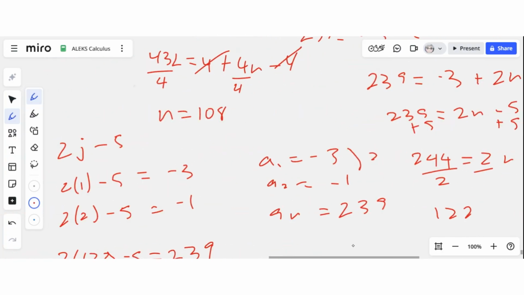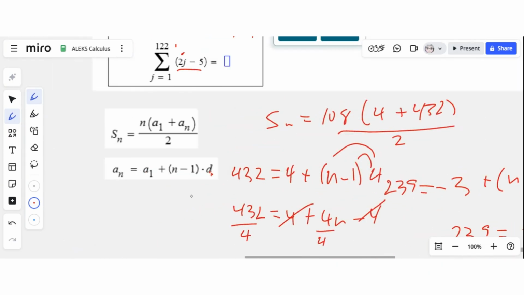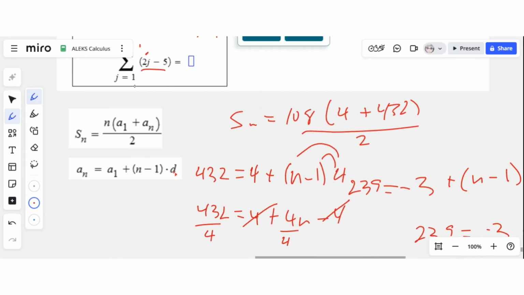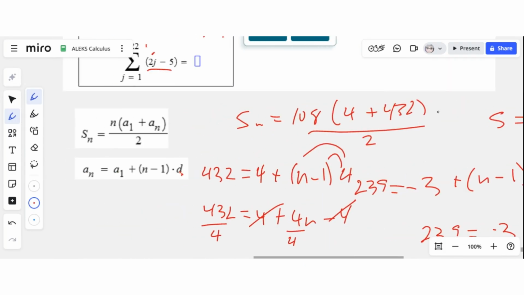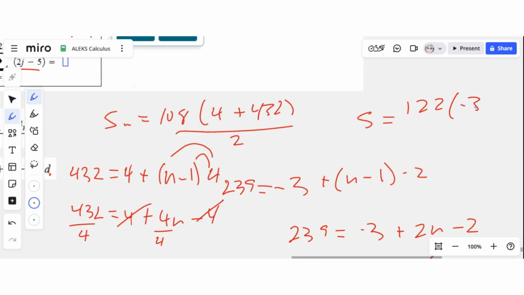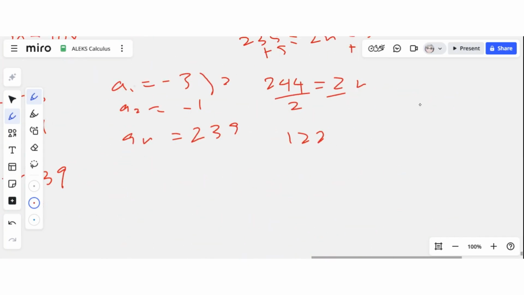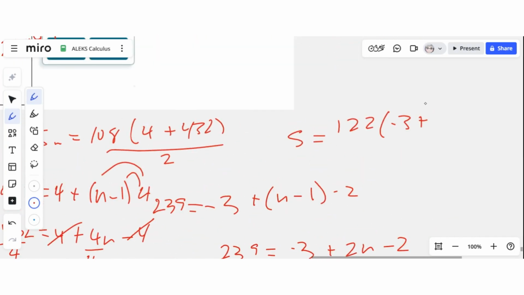But let's use that now to go back to our sum formula. So our sum is going to be 122 times the first plus the last. What was the last? 239? Yeah. All divided by 2. Let me pull out my calculator again, and we'll crunch that out.